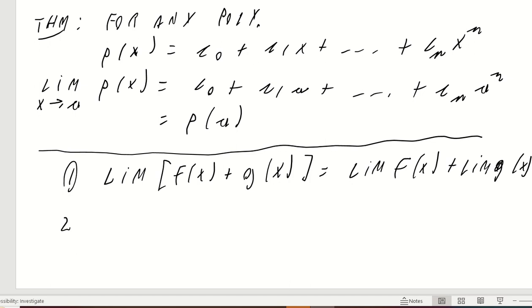And then the second thing we'll need is the nice result that we had in another video where we talked about the limit of a product of two functions.